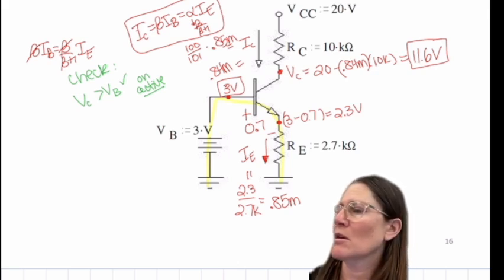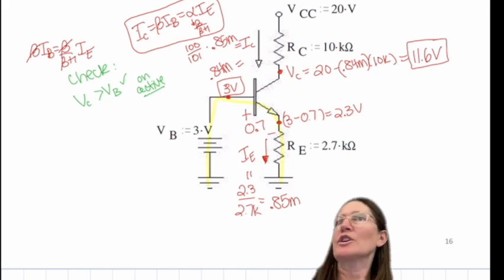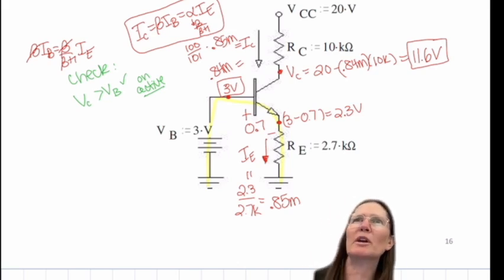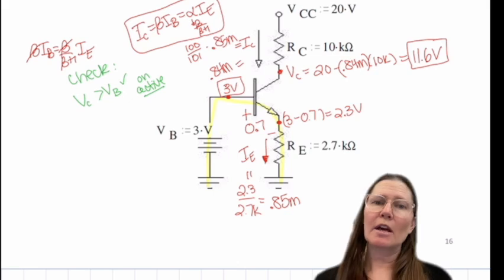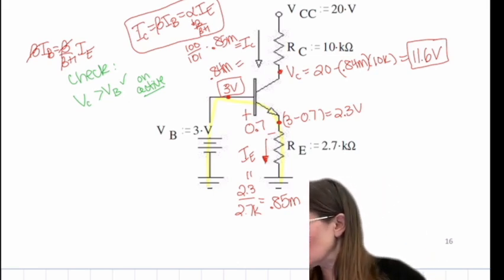Is it a good assumption to just use beta? Yeah, you can just use beta as 100 to start, if you don't know what beta is, to get a hand calculation for it. And then a simulator is going to do a better job than you will by hand.